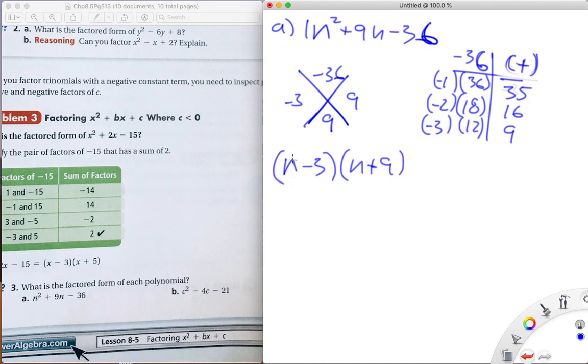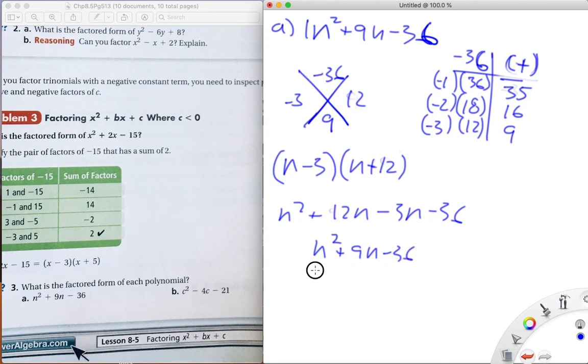And again, doing the FOIL, n times n is n squared, n times 12 is 12n. Negative 3 times n is negative 3n, and then negative 3 times 12 is negative 36. Combine like terms, n squared plus 9n minus 36. And I'm done. This is my answer. That's my check.